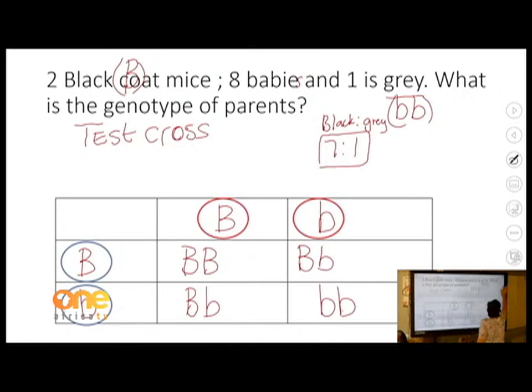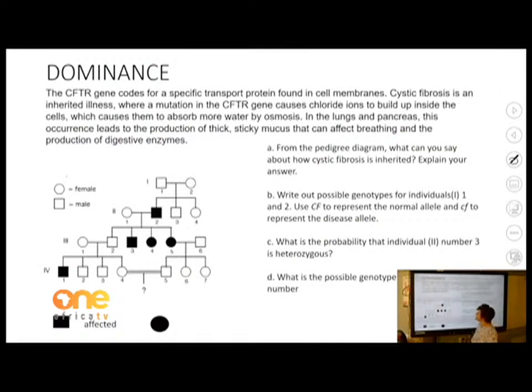Okay, now a CFTR gene codes for a specific transport protein found in cell membranes. Cystic fibrosis is an inherited illness where a mutation in the CFTR gene causes chloride ions to build up inside cells. When chloride builds up, it will change the osmotic potential.